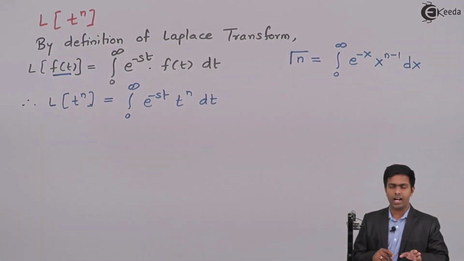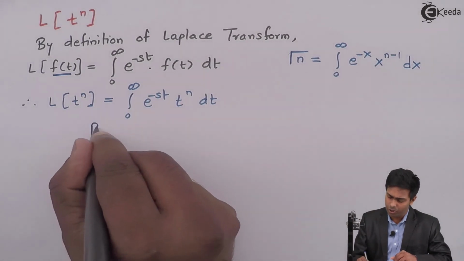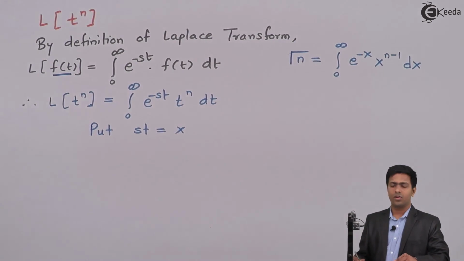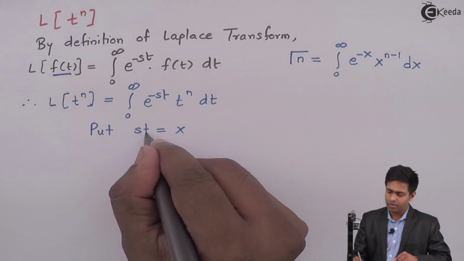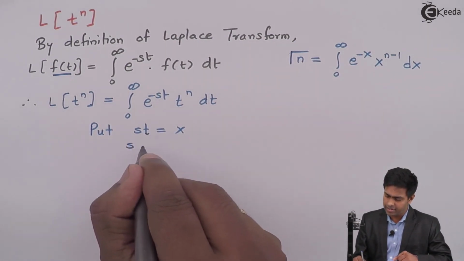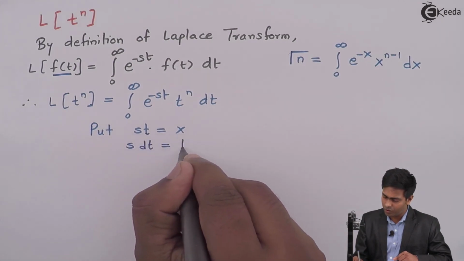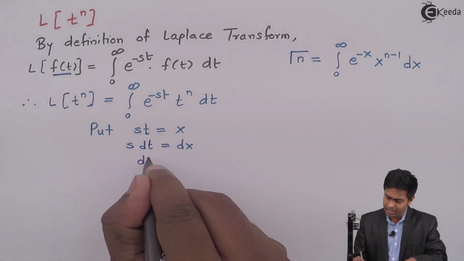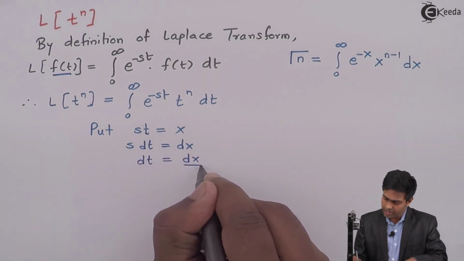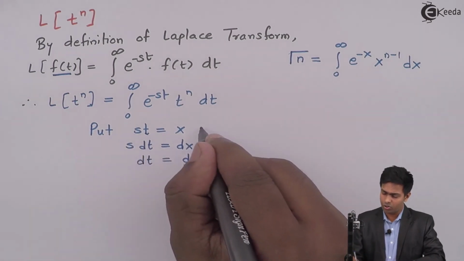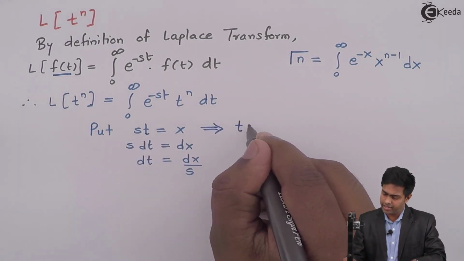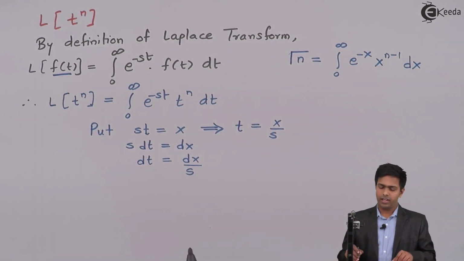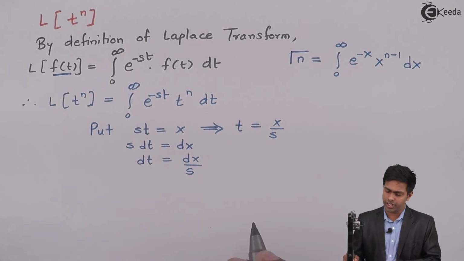So what we'll do is we'll start with the substitution. Here I'll say put st equal to x. By differentiating, we'll get s dt as equal to dx. It means I can say that dt is equal to dx upon s. Here also we'll say that t is equal to x upon s. Now let's see how these limits change.